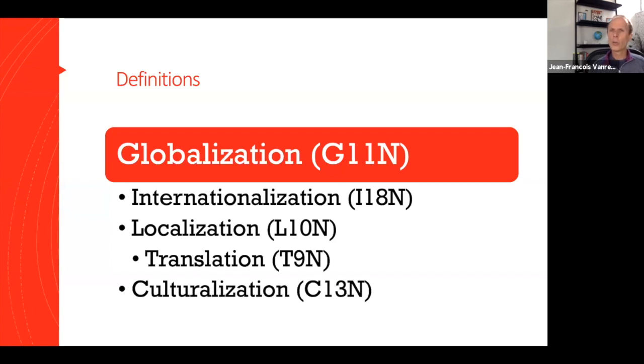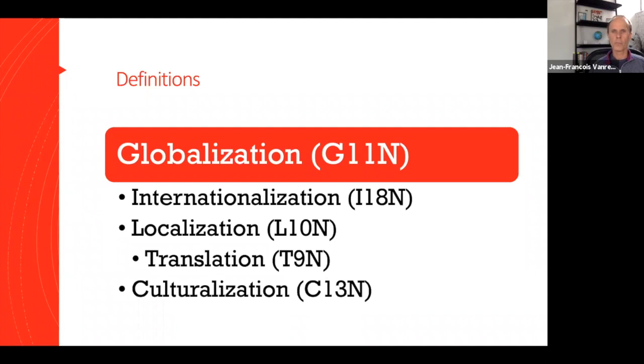And there are two key components to this. You have the business side and the go-to-market strategy and so forth. And then you have the engineering side, which is how do you build a product such that it can be sold around the world. Internationalization is the exercise that engineers need to do to build a product which can easily be adapted to all the different locales around the world.